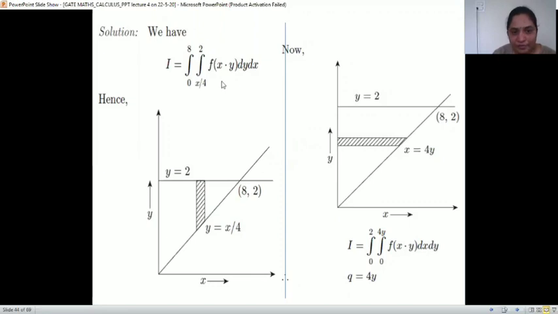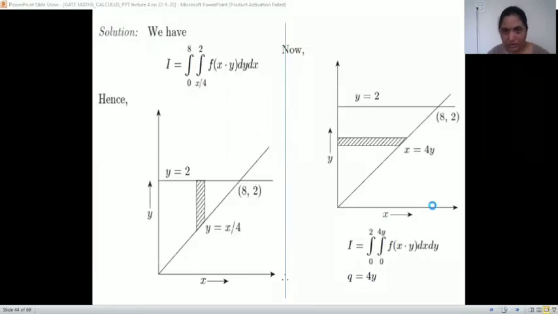So y is x by 4, that is x is 4y. And y is 2, that is parallel to the x axis. This is the y is 2 line. Then x is 0, that is the y axis. And x is equal to 8, that is parallel to the y axis. So this will be the line x is equal to 8.